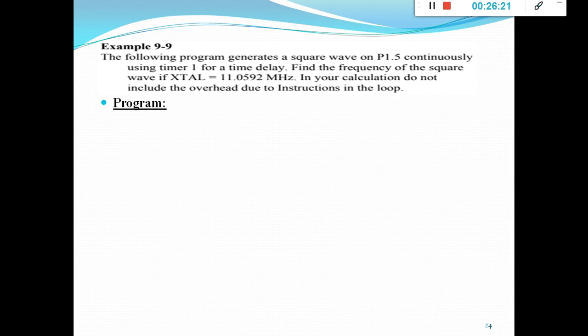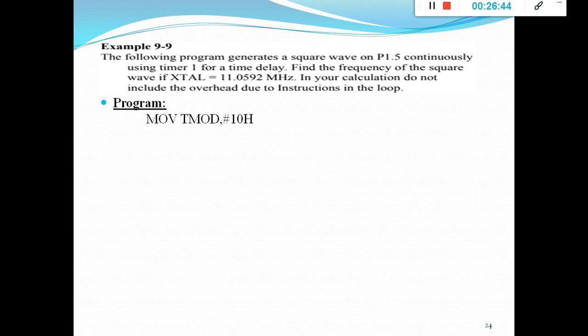Next, the same program, we will see in timer 1. Till now I completed with timer 0. For the same program, how you can write it using timer 1, timer 1 mode 1. For timer 1 mode 1, the value is going to change in the TMOD register. When it is timer 0 mode 1, the value is 01.